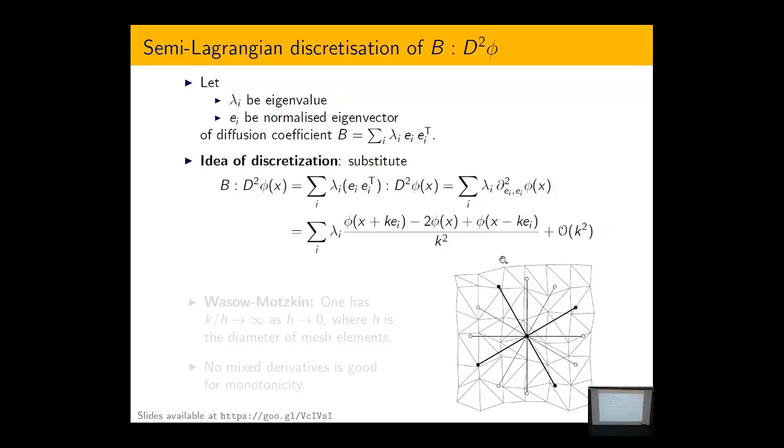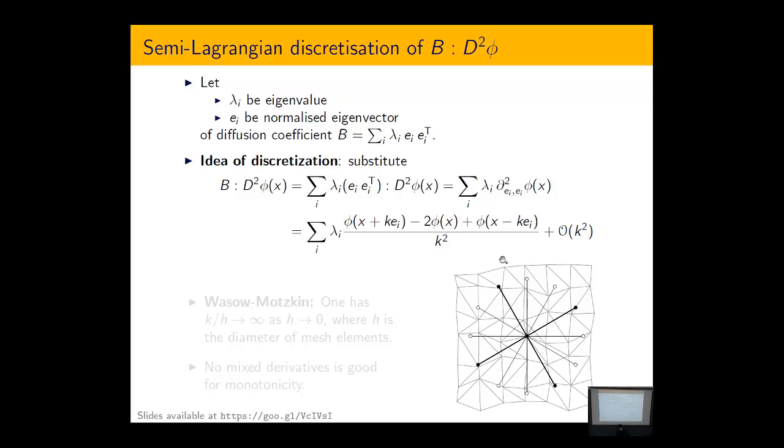If I take this coefficient and use my eigenvalue expansion, then I see that in reality these are a lot of partial derivatives in the direction of the eigenvectors, which are not mixed. That's what the eigenvalue decomposition does: it diagonalizes, it gets rid of the mixed derivatives, and then I use a central difference scheme for that.